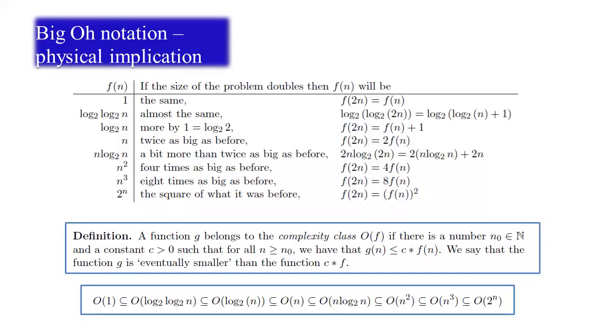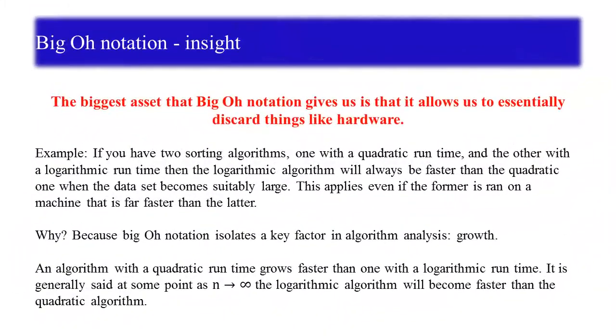Now, the biggest asset that the big O notation gives us is that it allows us to discard things like the hardware, the machine-dependent and computer-dependent sources. They are going to be ignored. There is no question of the hardware, because we know the complexity is going to be like this.